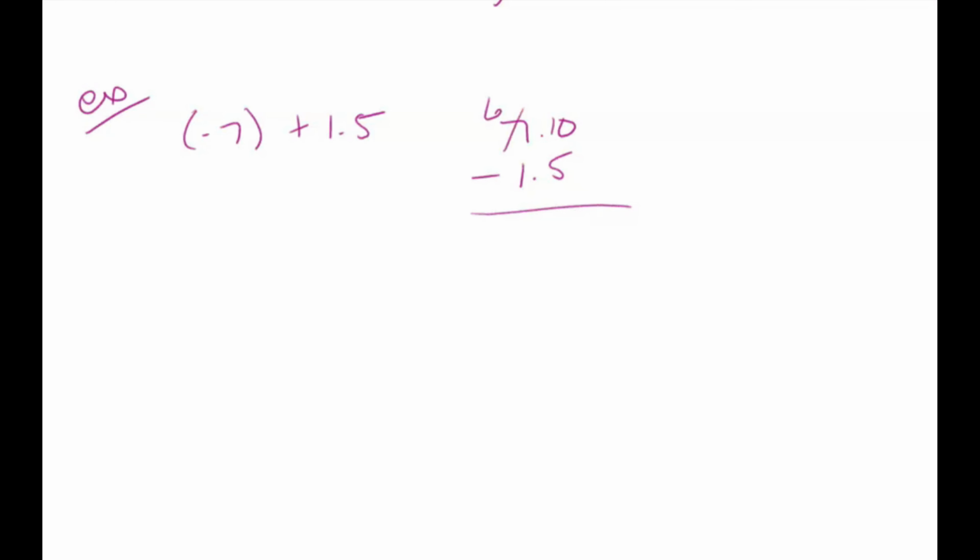Of course, I have to go over here and borrow. And then I could subtract, bring down that decimal place, and then subtract 6 minus 1. So the rule says subtract and then keep the sign of the larger. So of these two numbers, the 7, of course, is the larger. And so my answer is going to be negative 5.5. So I subtracted, and I kept the sign of the larger.